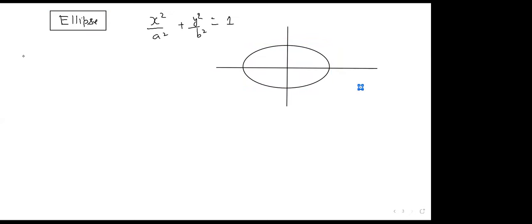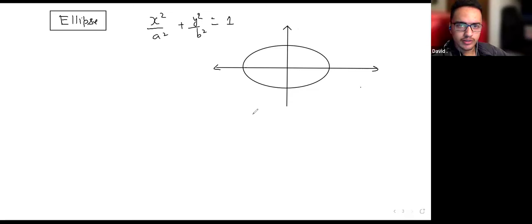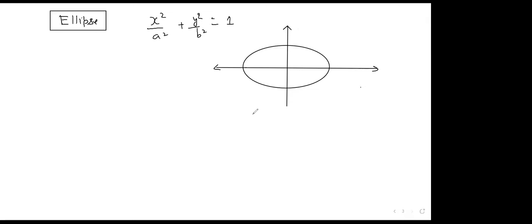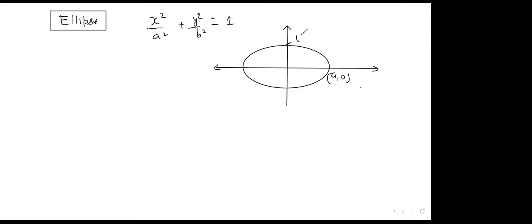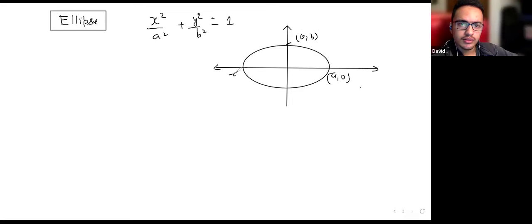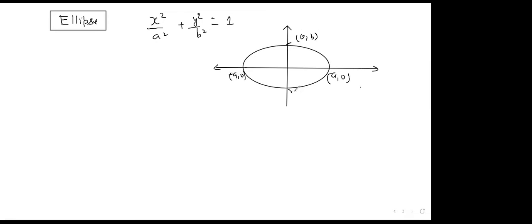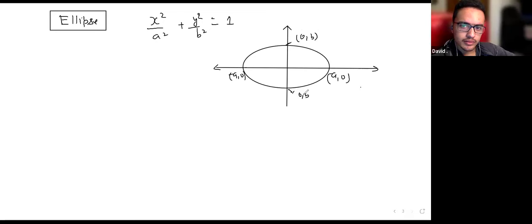Major axis means the length along the x-axis is greater than the length along the y-axis. If the length along the y-axis is greater, then it is called a vertical ellipse, and the major axis will be the y-axis. This point is (a, 0), this point will be (0, b), this is (minus a, 0), and this is (0, minus b).